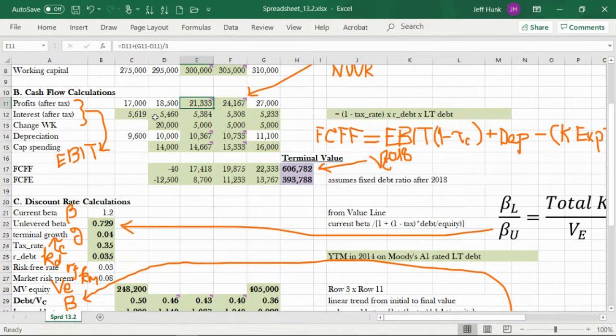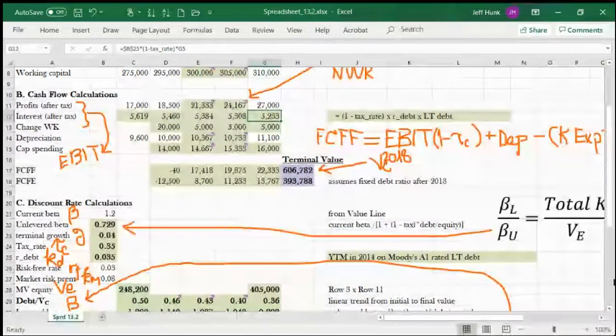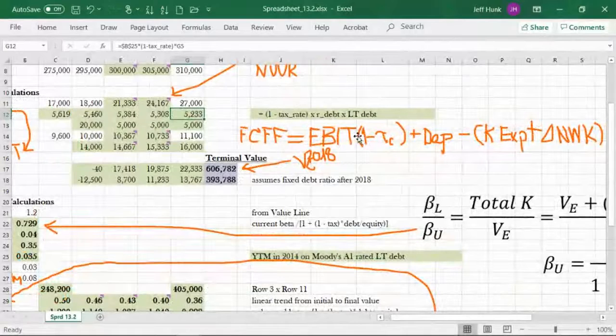And then interest, okay? This is interest payment, right? Now, remember, free cash flow to the firm is basically EBIT times 1 minus tax rate.